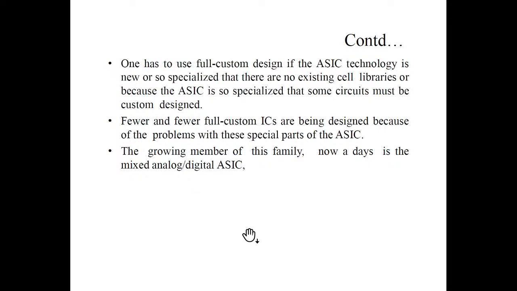The growing member of this family nowadays is the mixed analog digital ASIC. This whole term represents that it is not very easy to implement your own application specific integrated circuit, because some parts are not easily available in the market. It is very time consuming, so very few designers are capable of designing their own application specific integrated circuit.